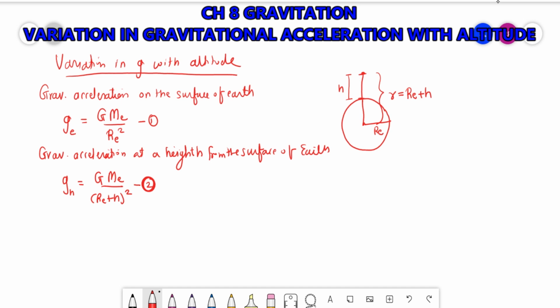We know that the value of GE on the surface of the Earth is 9.8 meter per second square, so we can use this value in calculating the gravitational acceleration at a height h.